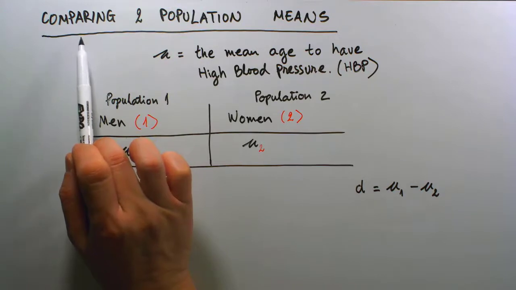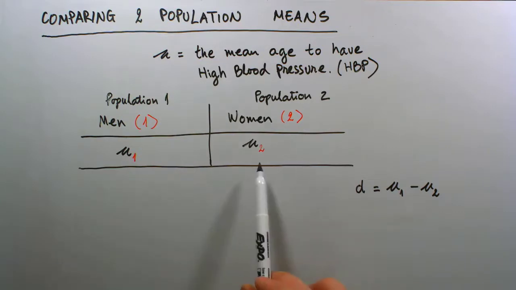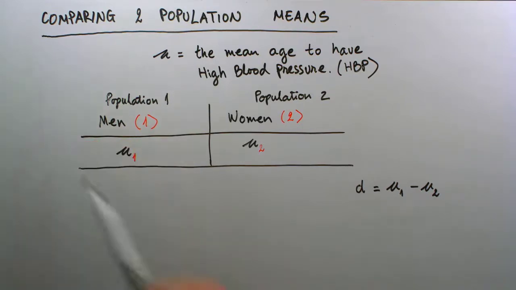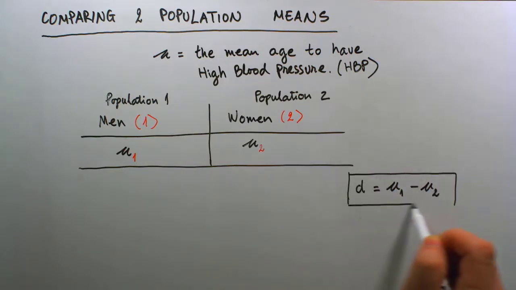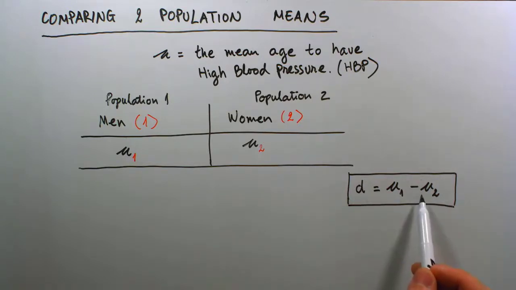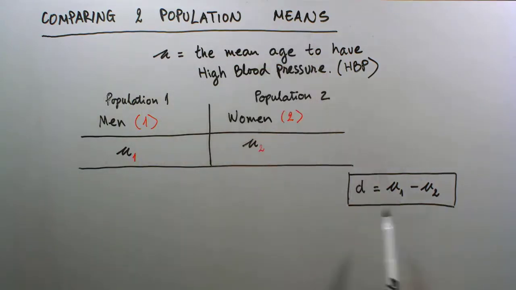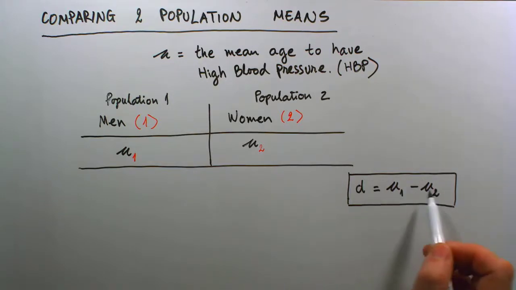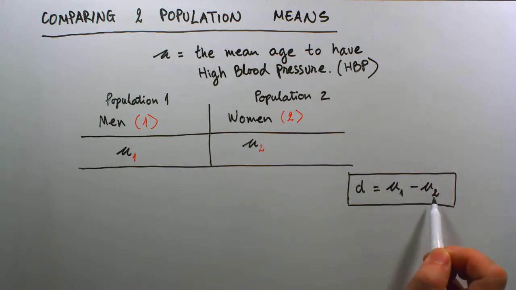Comparing in common daily language means we want to find out whether mu 1 is greater than mu 2, or mu 1 is less than mu 2, or mu 1 is equal to mu 2. But from a strict mathematical point of view, we quantify our comparison in terms of a difference. So when comparing two population means, we first define the difference between them, and we always stay in that order: the parameter from population 1 minus the parameter from population 2.